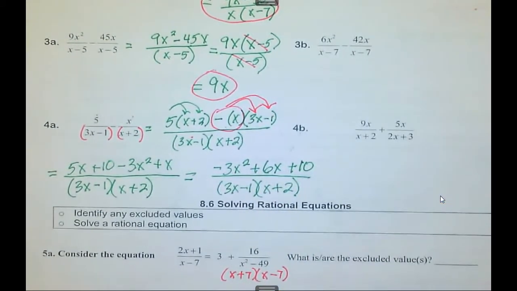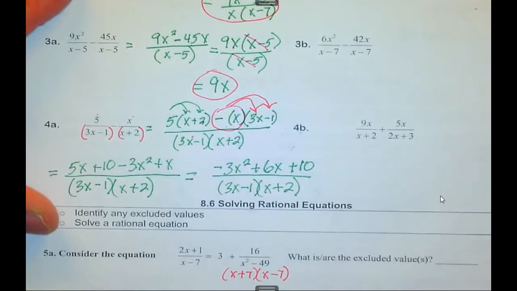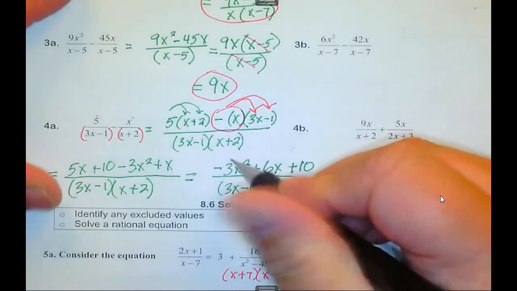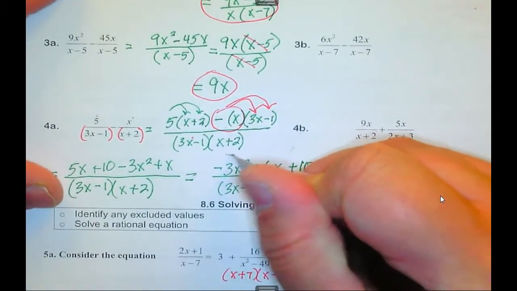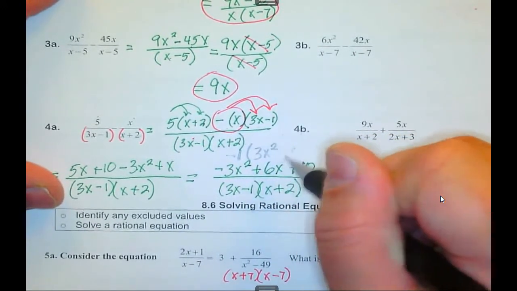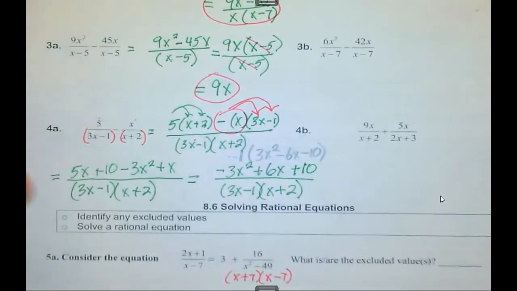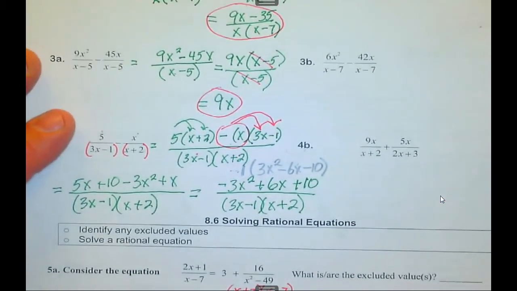we're going to have to check this numerator out, see if it factors and cancels down. First thing I'm going to do is factor out that minus sign, because it bothers me. So I have a negative 1 times 3x squared minus 6x minus 10. Okay.